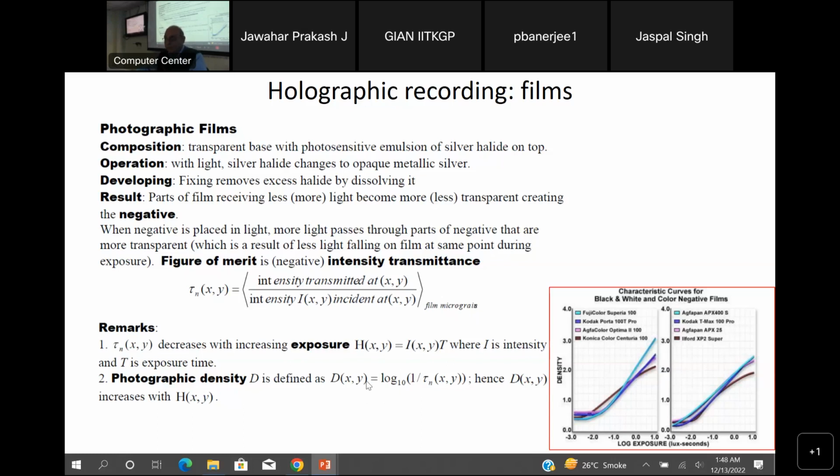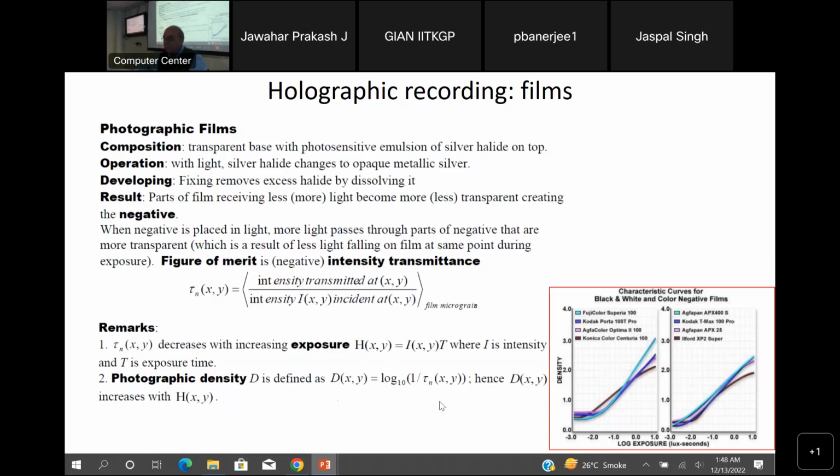The main takeaway message from here is, in good quality films, not the ones you buy, like the 24 roll or 36 roll, but better quality films always used to come with a little sheet of paper. That little sheet of paper would have this kind of curve, the density versus the exposure curve, which is also called the DH curve.